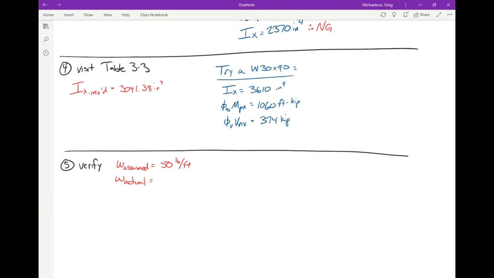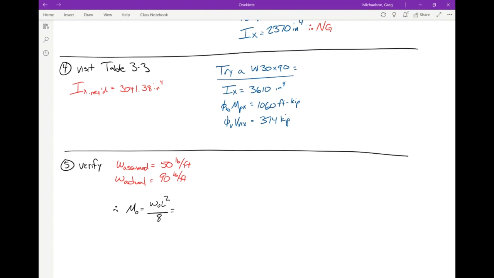I promise you, it's not a trick question. There you go, it's 90. So because it's heavier, what we have to do is go to our M naught and update it because it's now a heavier value.